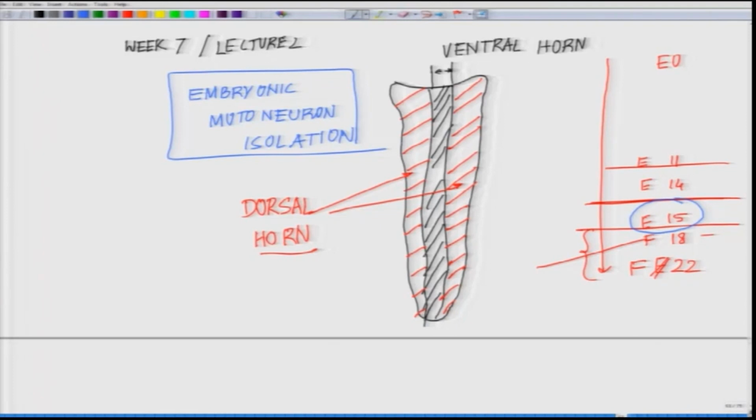Now, so these motor neurons are sitting here, right. So, now within this there are many other cells which are sitting there. Okay.